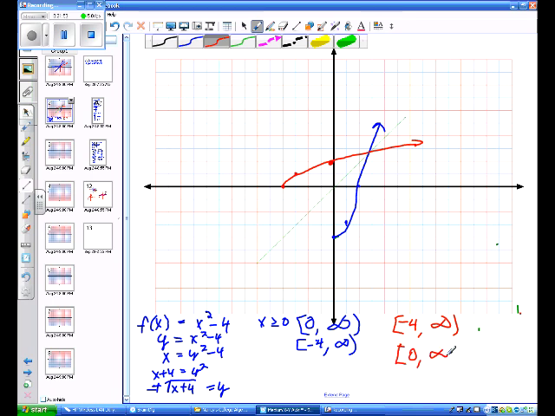And then it went to infinity. Now notice what was our domain for the blue became our range for the red. What was our range in the blue was our domain for the red. Our domain and ranges simply switch.